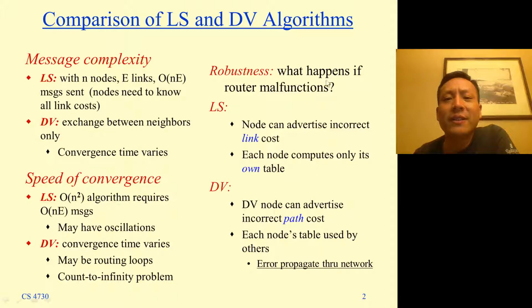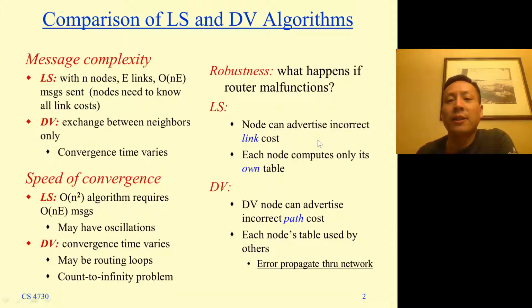In terms of robustness, both of these algorithms have their issues. For the link state algorithm, it is possible that nodes can advertise incorrect link costs, because by default the algorithm trusts everyone and floods the link costs to everyone.